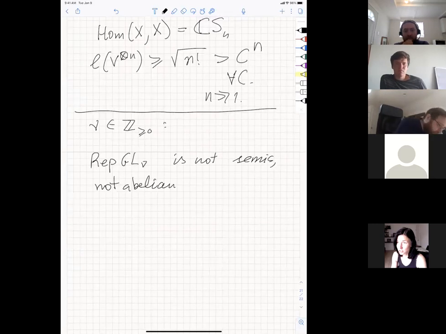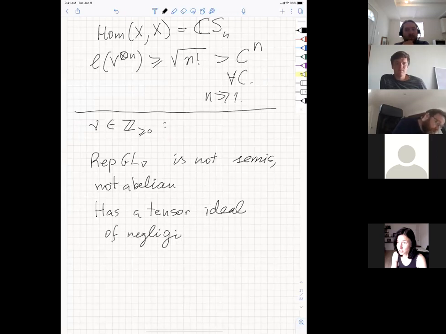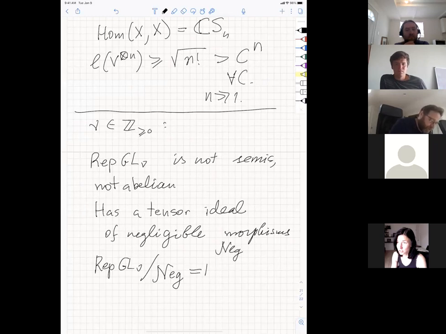Another thing you can do is it has a tensor ideal of negligible morphisms, such that if you take representations of GL_nu modulo this tensor ideal, this is just the ordinary representation category of GL_N.